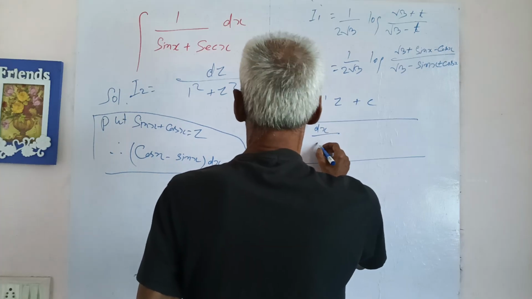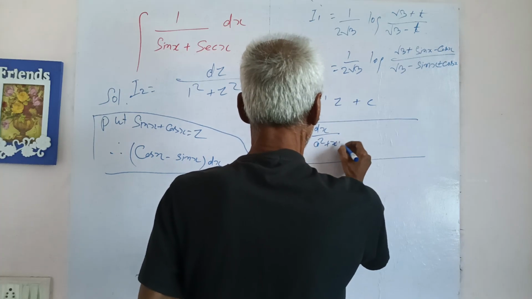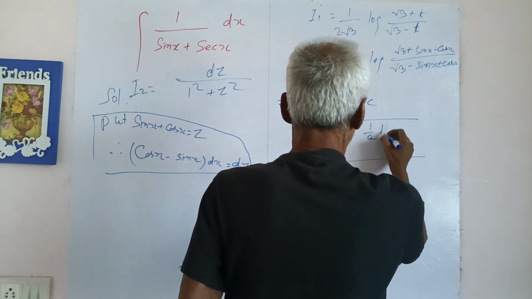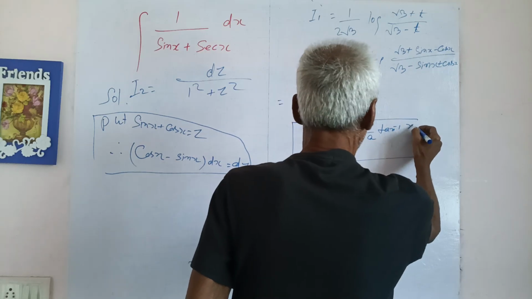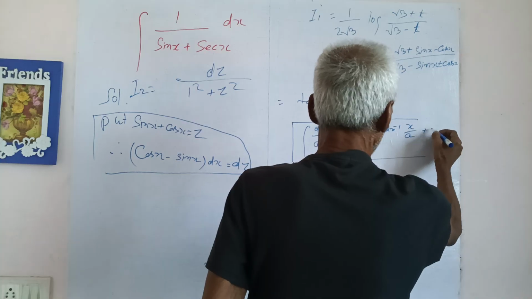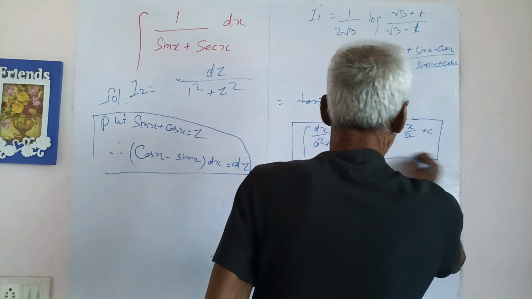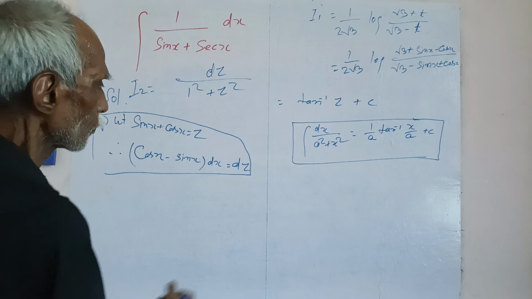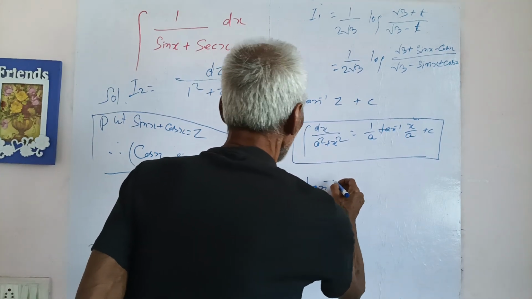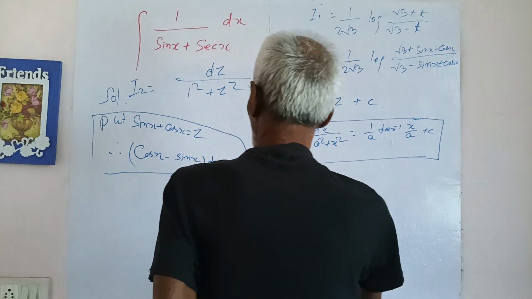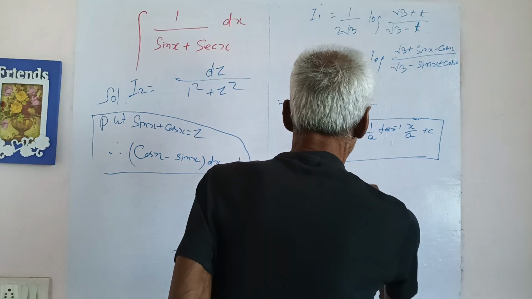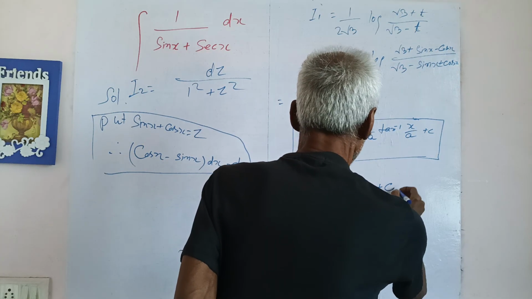The integral of dx by a square plus x square is equal to 1 by a tan inverse x by a plus c. Now write it as tan inverse, and for z, sin x plus cos x.